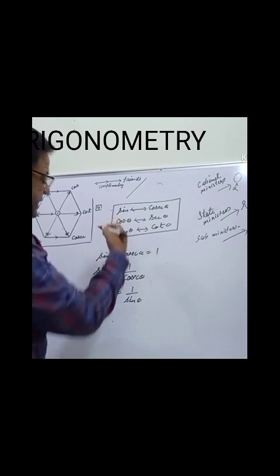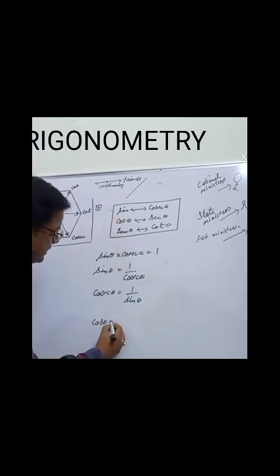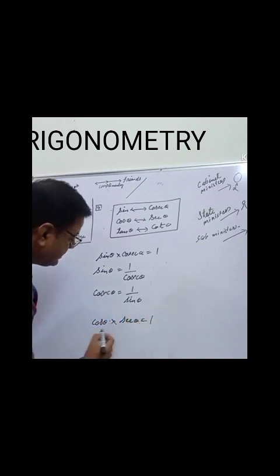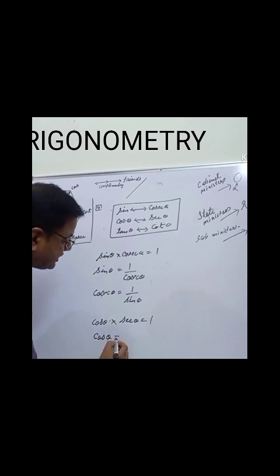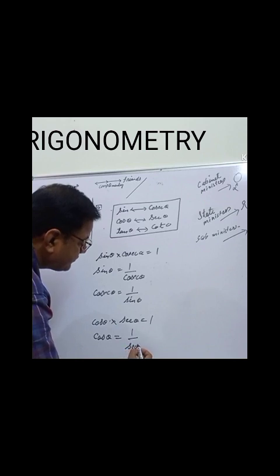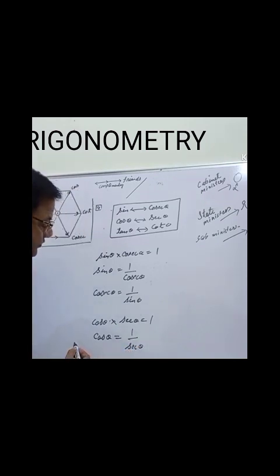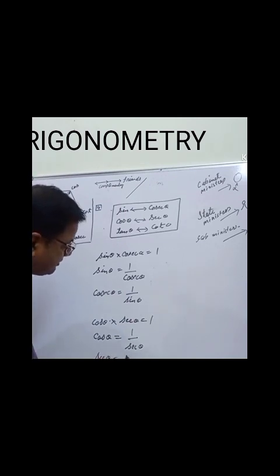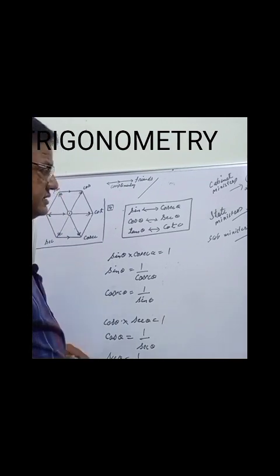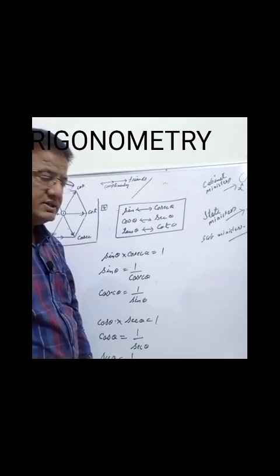Similarly, cos theta multiplied by sec theta equals 1, so cos theta equals 1 upon sec theta, and the value of sec theta is 1 upon cos theta. These identities are considered sub-ministers.